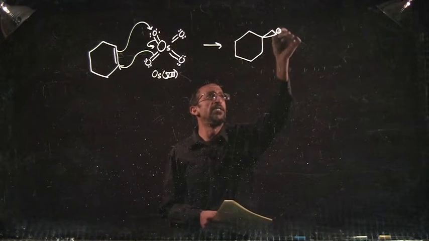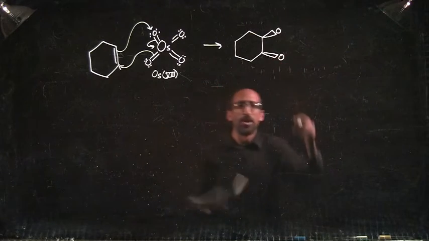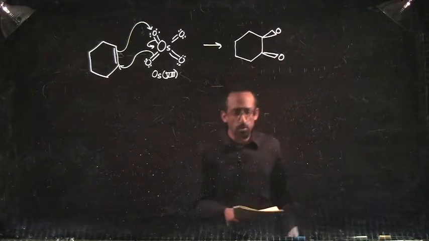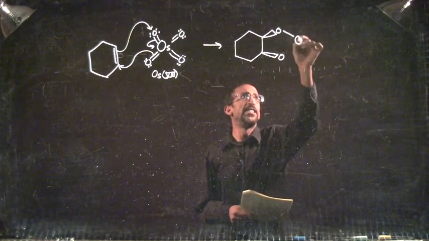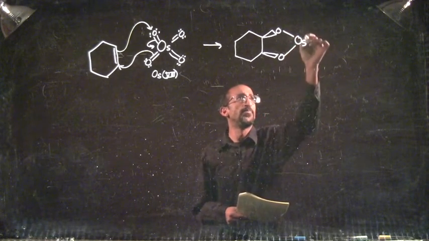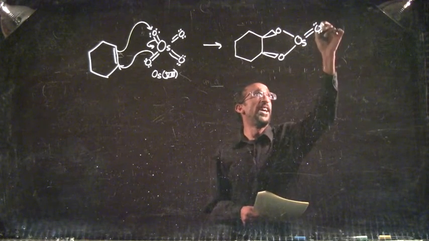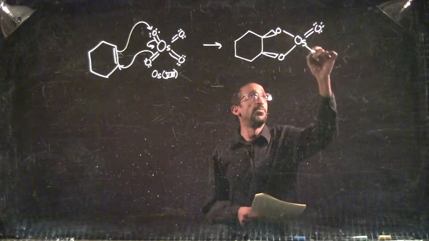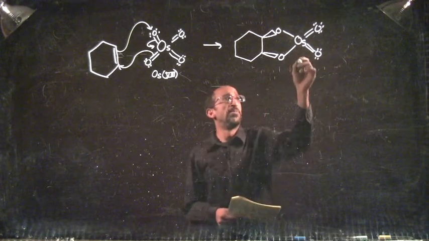You can use wedges or hashes. I'm just arbitrarily picking wedges. Whatever we pick, we need to track stereochemistry. But what we see in this first intermediate that we form is that osmium has changed from an osmium 8 to osmium 6.